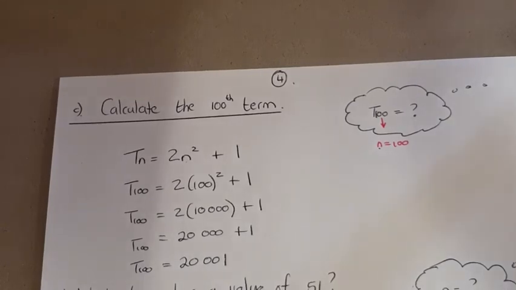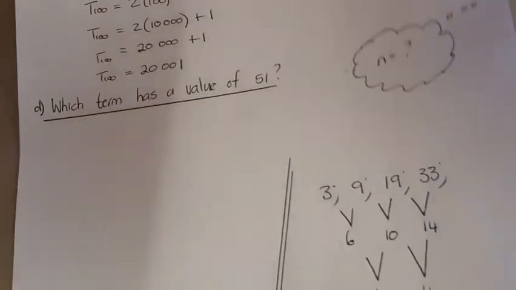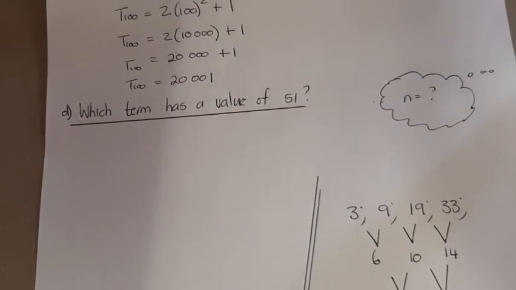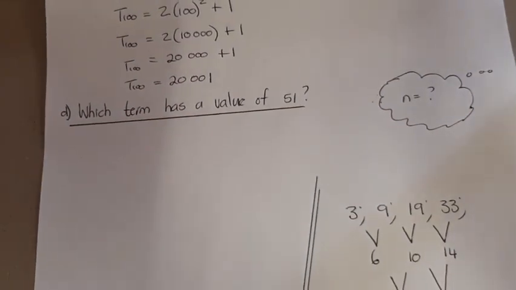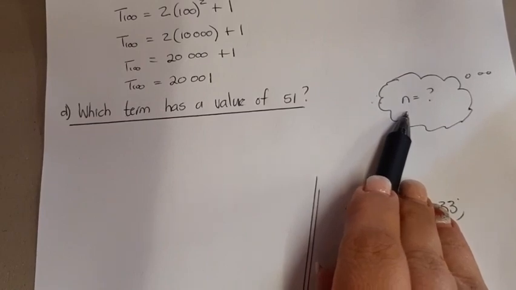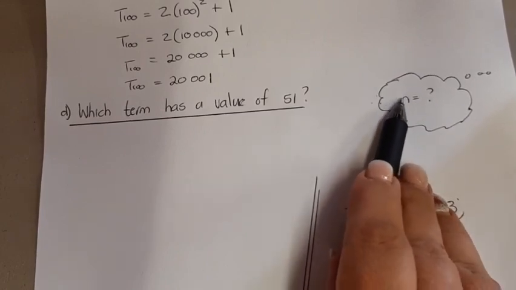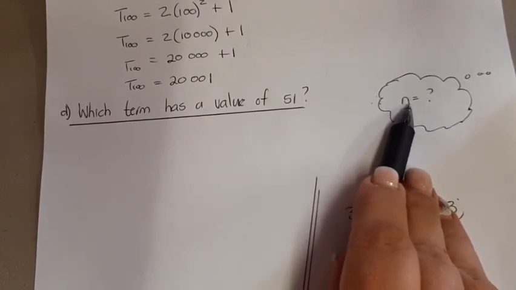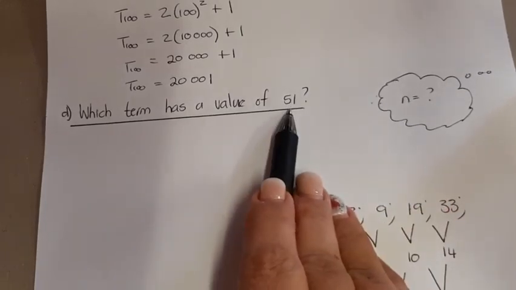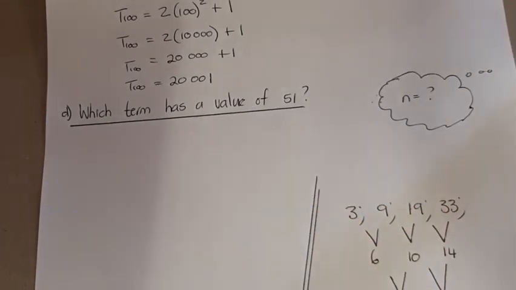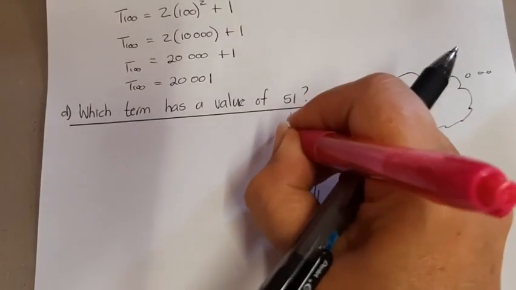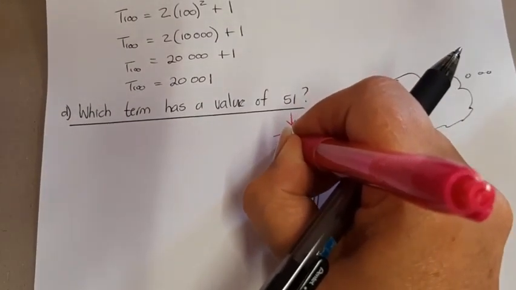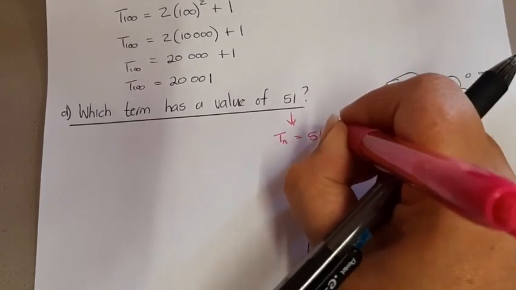I can also ask you which term has a value of 51. And I actually ask you, what is n when the value is 51? This means I want Tn equals 51.